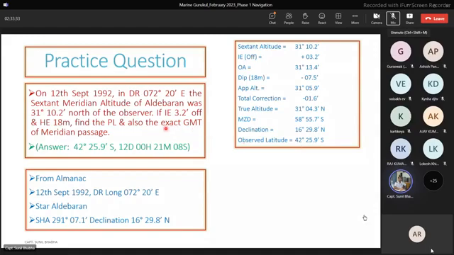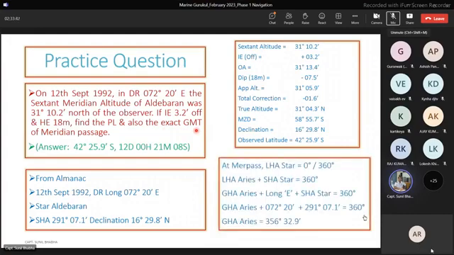Now moving on to the second part of the question, how to find the exact GMT of meridian passage. Now for this, we know that at the time of meridian passage, the LHA of the body is 0 degrees or 360 degrees.